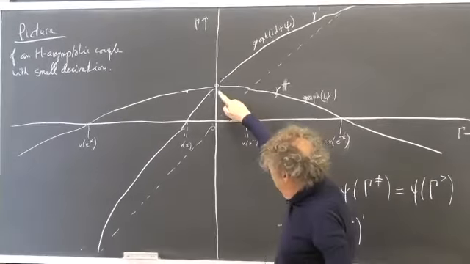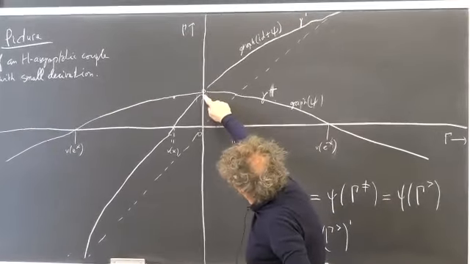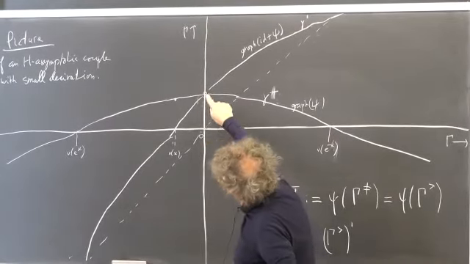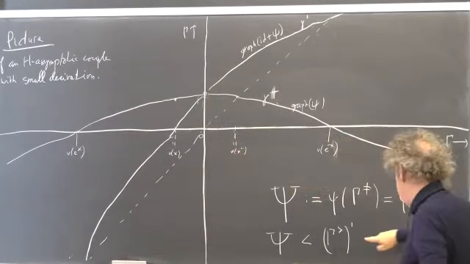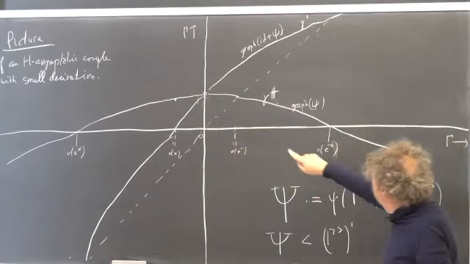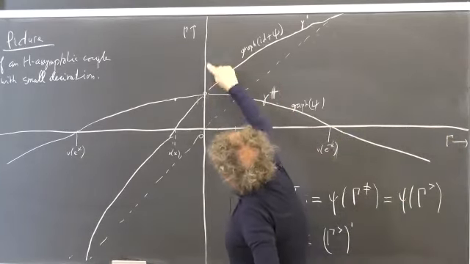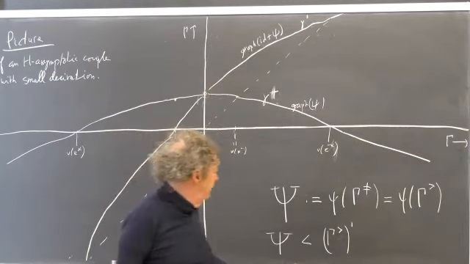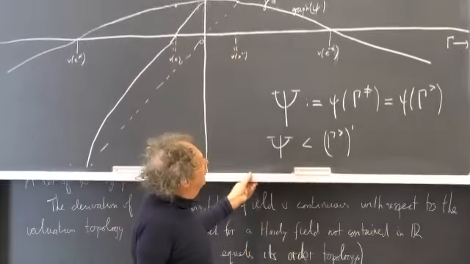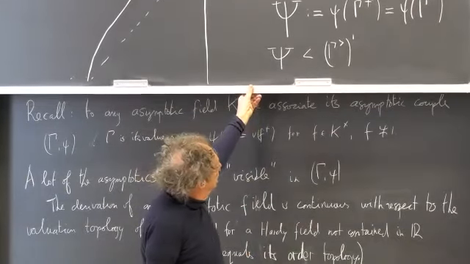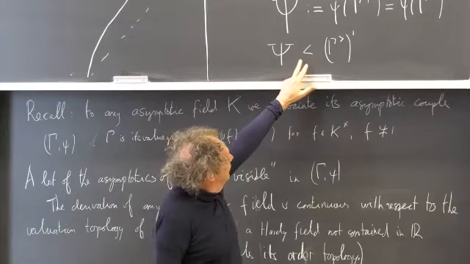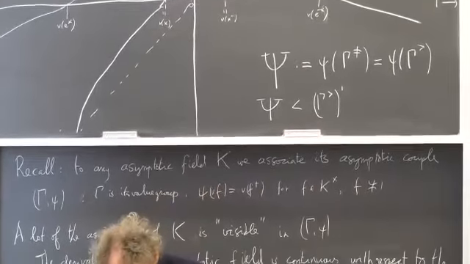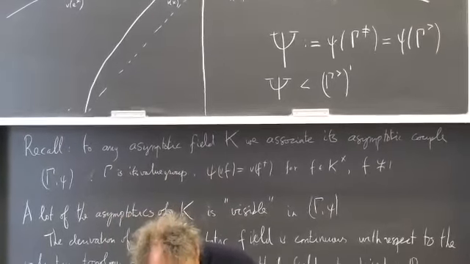Everything in the psi set is below here, and everything in here, the derivatives of the positive elements, is above this little dot. And so you can ask, is there anything in between?